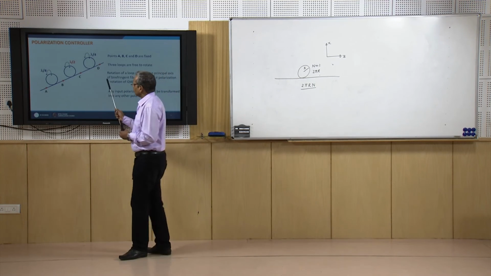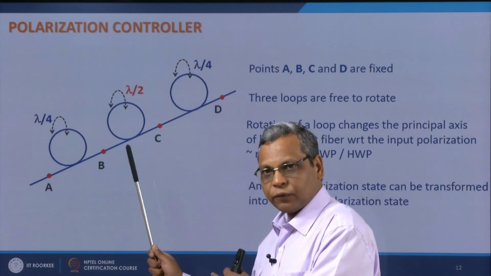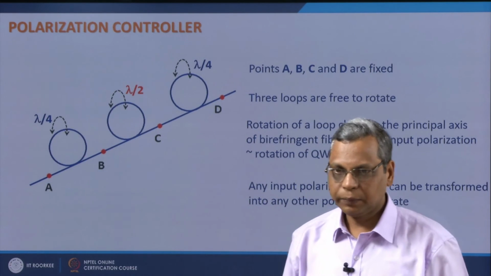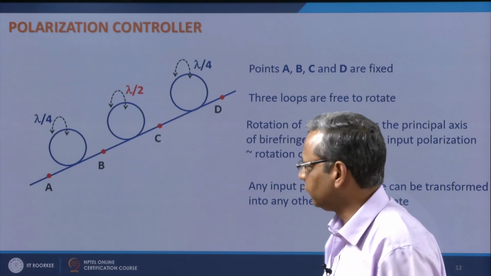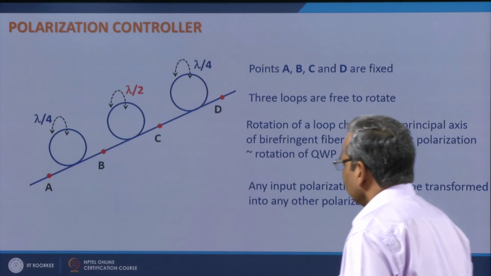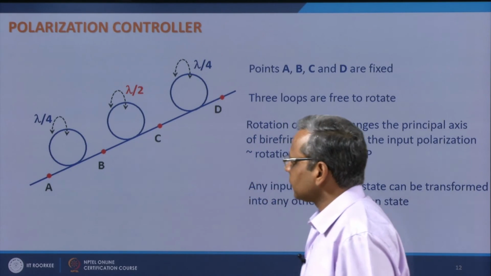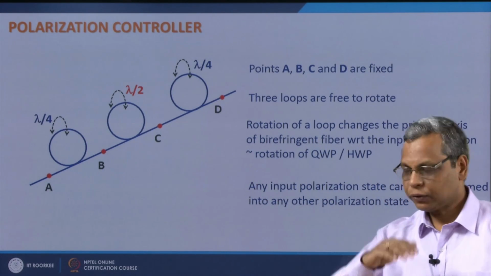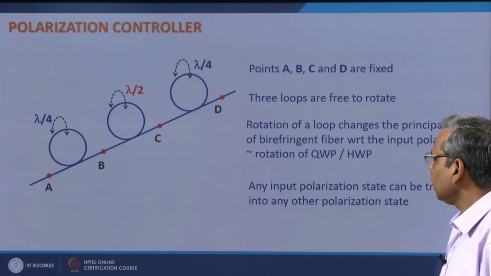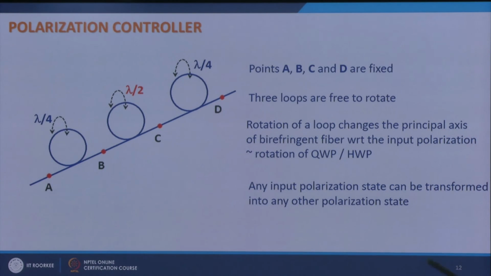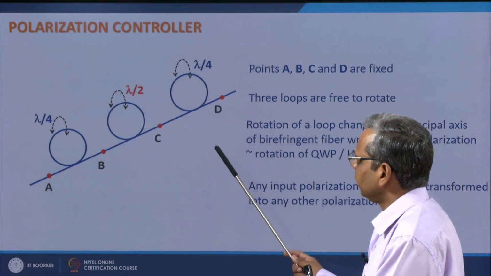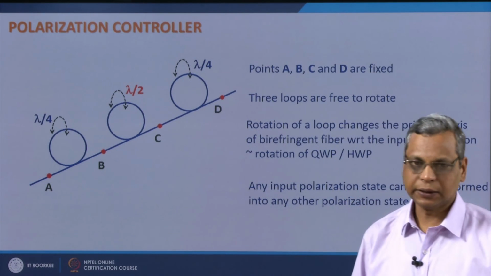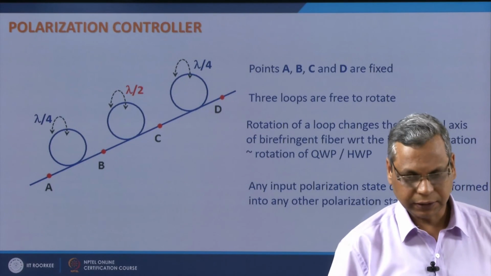And so, the phase shift introduced now would be different. I can control the phase shift that can be introduced. So, with the combination of these and different rotations, I can convert any input polarization state into any other polarization state. So, this comes out to be a very efficient device in terms of polarization controller.